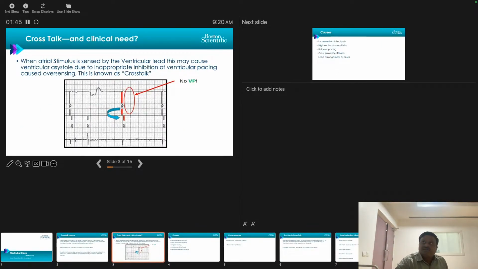If you carefully look at the EGM of a pacemaker, when the atrial stimulus, indicated in red as AP in the round circle, occurs, within a very short period of time you will observe ventricular sensing in the ventricular channel, which is not true ventricular sensing but the atrial pacing spike sensed subsequently.